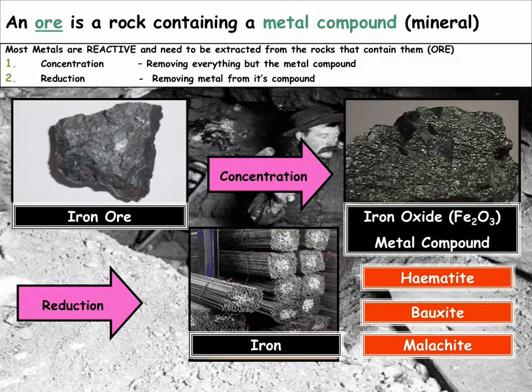This needs to be concentrated down from the ore to its metal compound, and then finally can be reduced in order to form iron. In order to extract metals, we need to first concentrate them to remove everything but the metal compound, and then we need to reduce them, or put them through reduction, in order to remove the metal from its compound. You do not need to learn the names of any ores, however, some common ores are listed here for your notes.